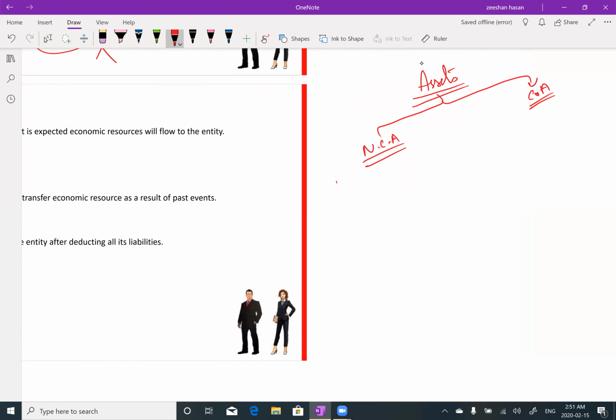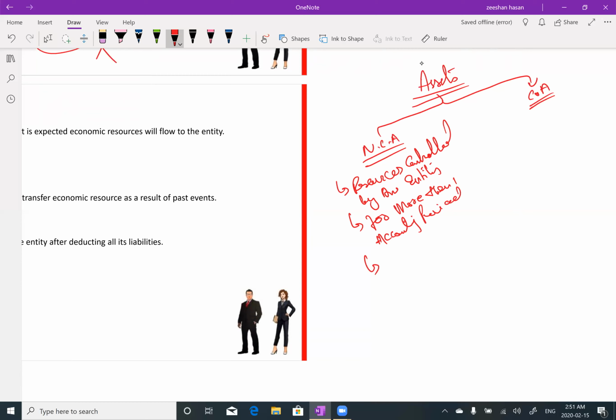Non-current assets actually are the resources controlled by an entity for more than one accounting period, and from which it is expected that economic benefits will flow to the entity.